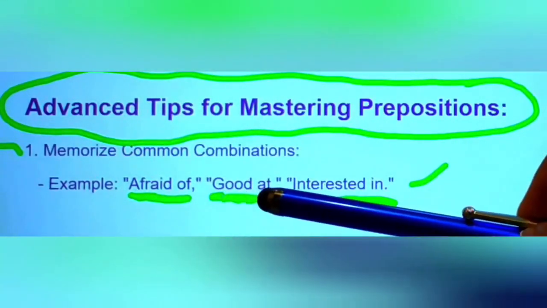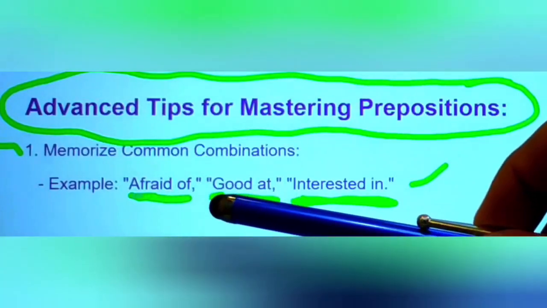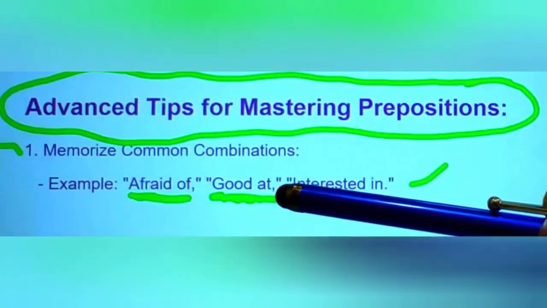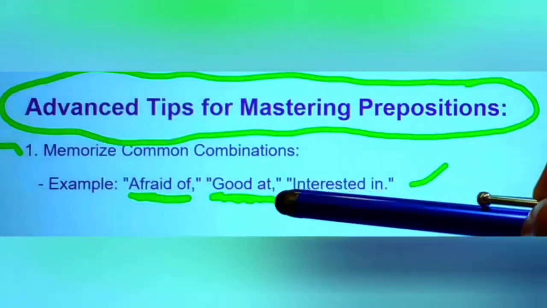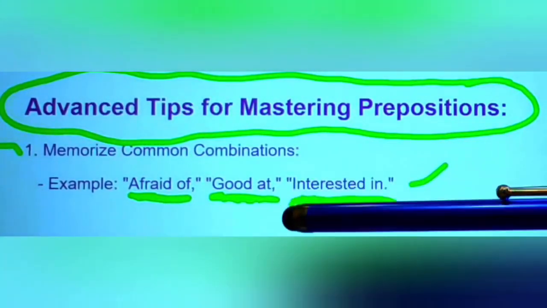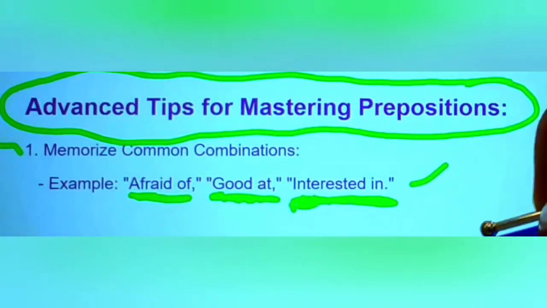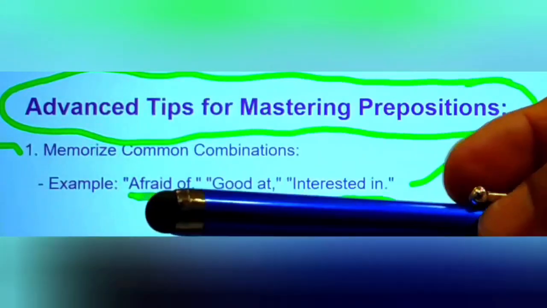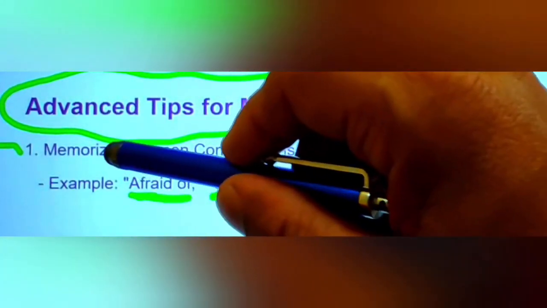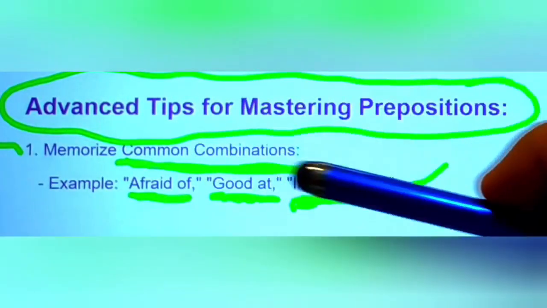Good at has a different meaning when good and at are separate. And interested in, used together, has a different meaning from interested and in separately. So we have to memorize their common combinations together, to get their exact meaning.